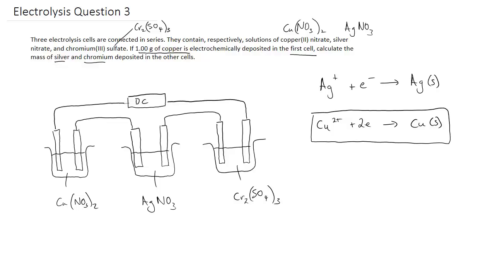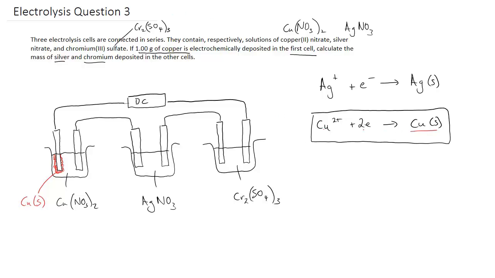On the surface here you've got a buildup of copper solid, just by the copper ions and 2 electrons forming copper solid.